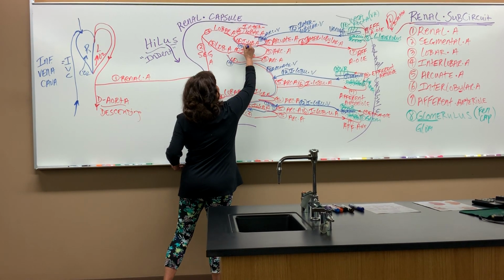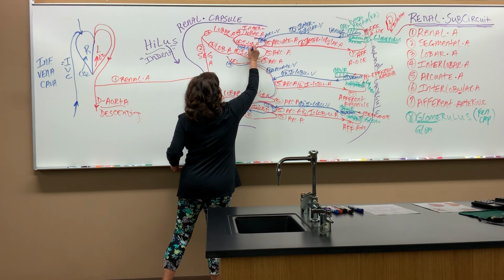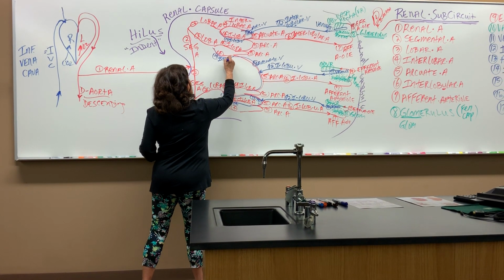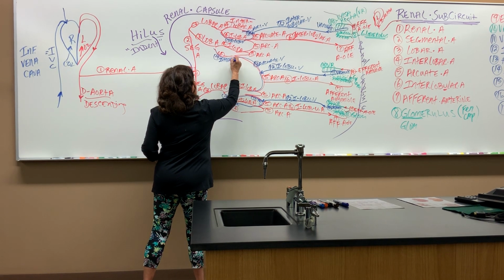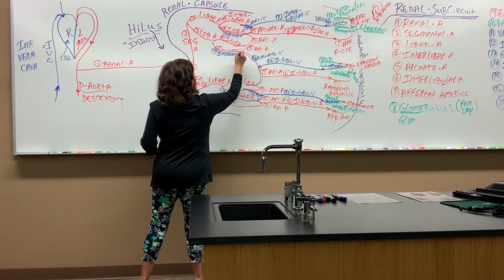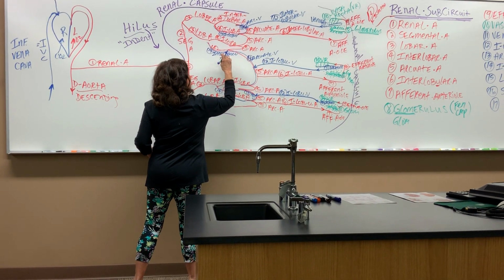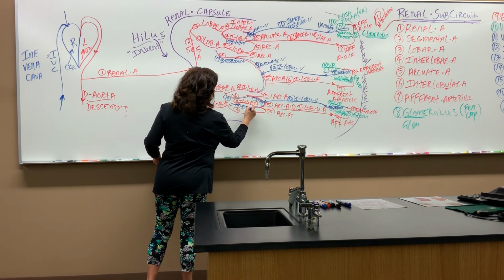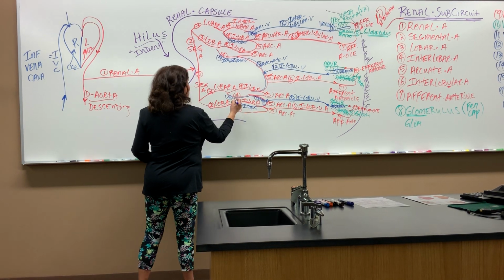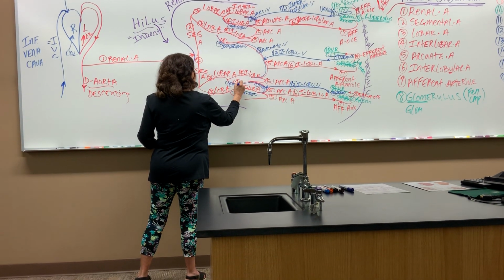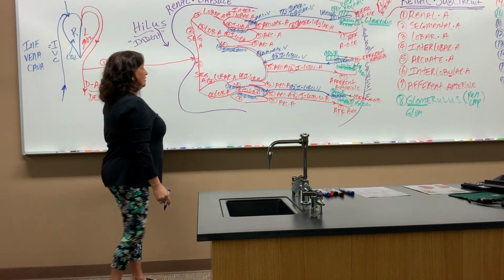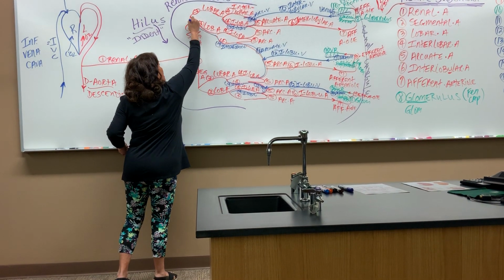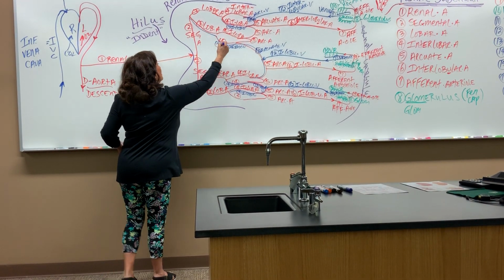And so 14 is the interlobar vein, interlobar vein. Right. And now we go to the big lobster claw right here, the big lobster claw.